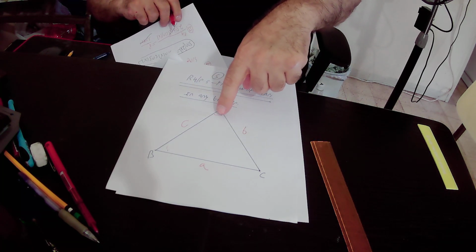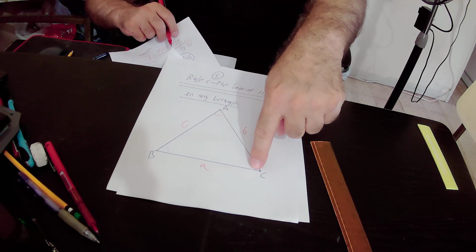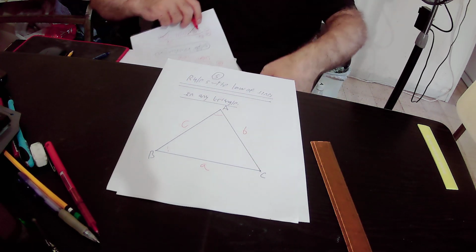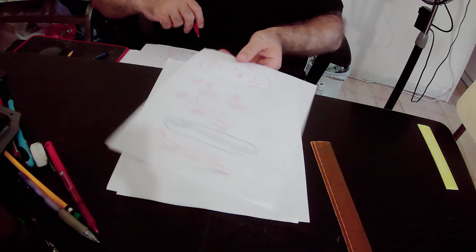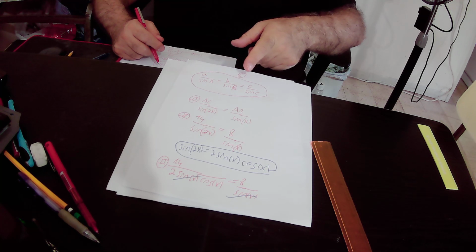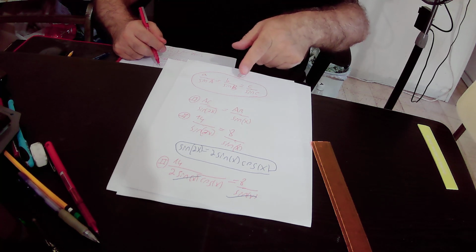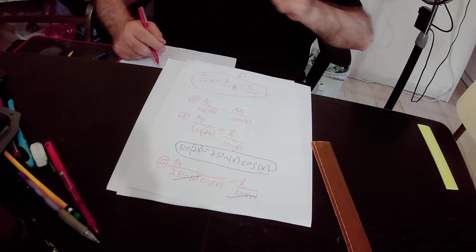Capital A is the size of this angle, capital B is the size of this angle, and capital C is the size of this angle. So according to this formula, a over sine A equals b over sine B equals c over sine C.